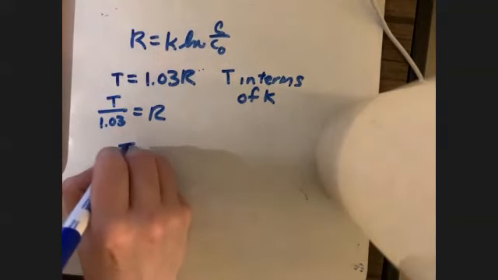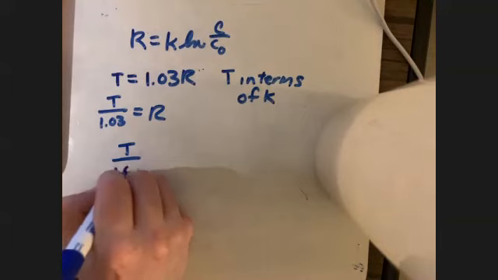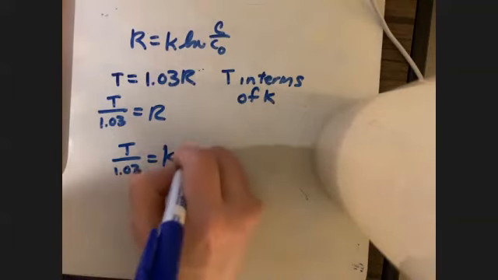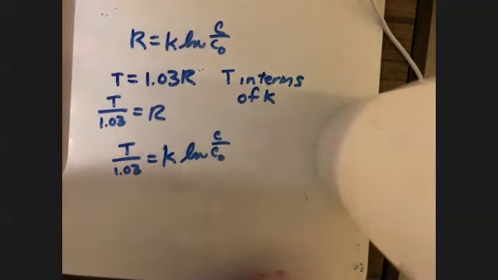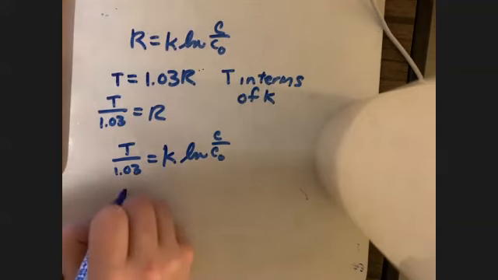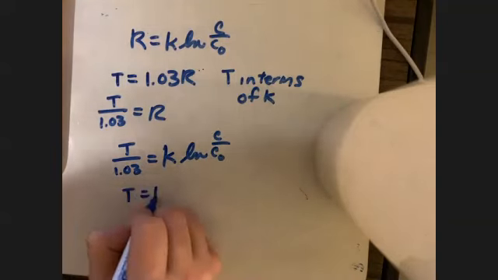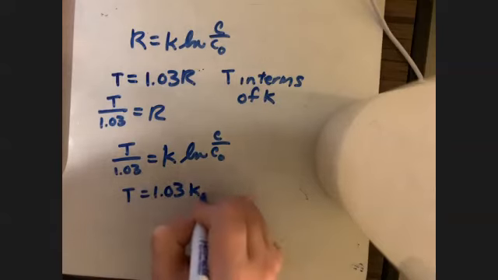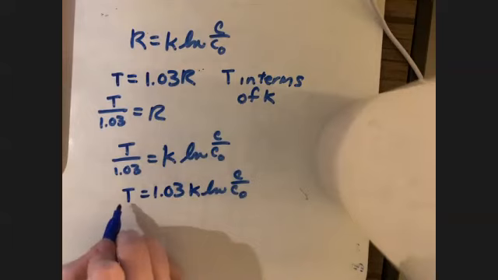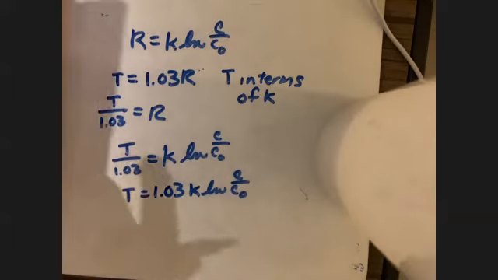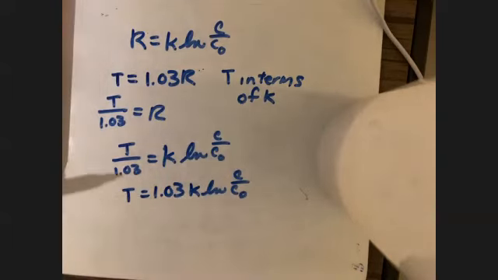So we're going to have T over 1.03 equals K natural log C over C naught. And then we're just going to multiply that 1.03 back over to the other side. So now we have T in terms of K, and that's all they asked for that one.